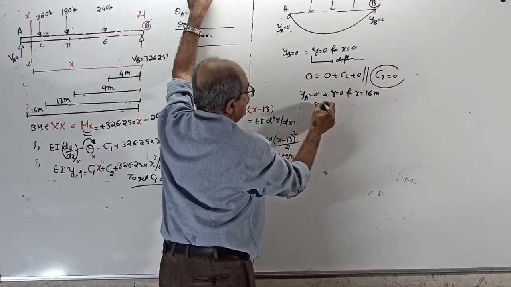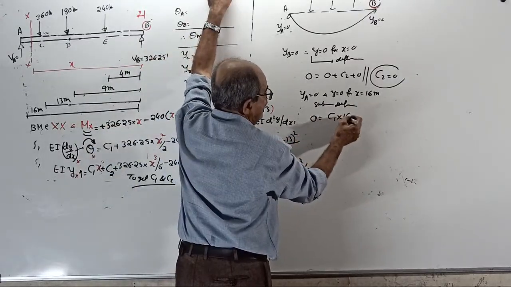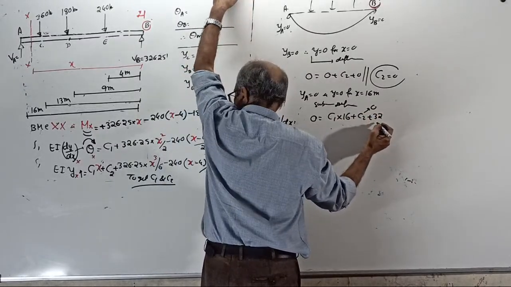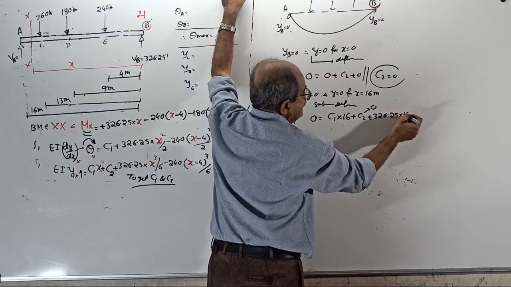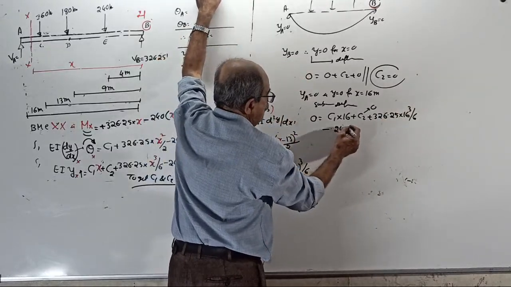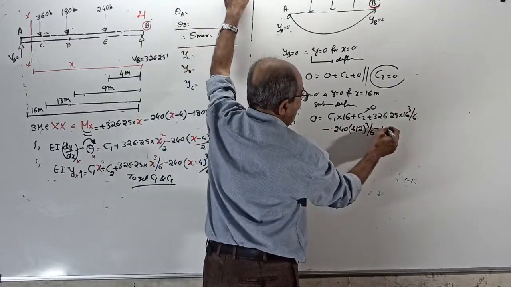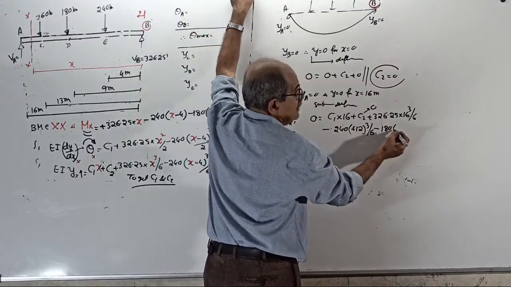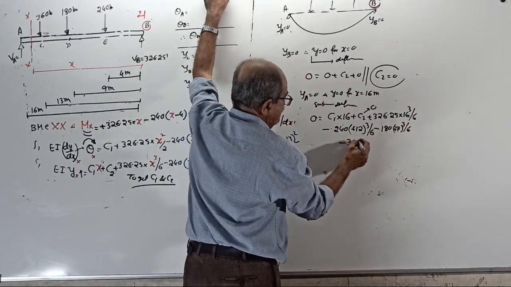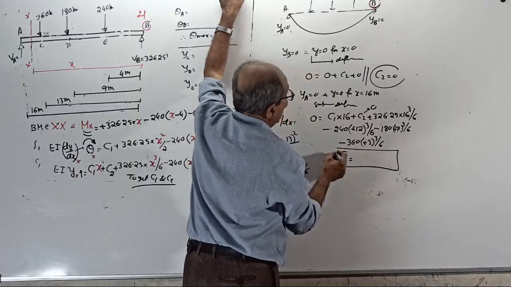Substitute in the deflection equation: 0 equals C1 into 16 plus C2, which is already 0, plus 326.25 into 16 cube divided by 6, minus 240 into (16 minus 4, which is 12) cube by 6, minus 180 into (16 minus 9, which is 7) cube by 6, minus 360 into (16 minus 13, which is 3) cube by 6. You get the value of C1, and C2 equals 0.